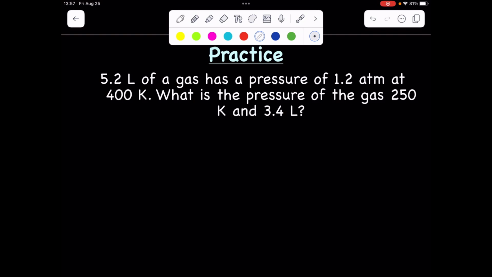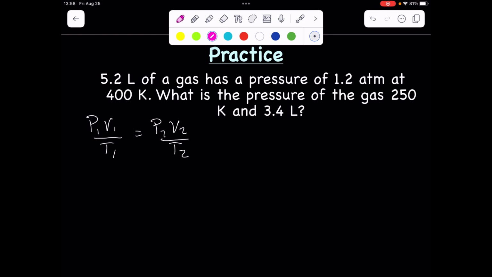Make sure you're actually writing the problem down, so that way when you go back to refer to the math, you actually can see where it came from. All right, so we have our simple gas law again, P1 V1 over T1 equals P2 V2 over T2. And let's see what kind of variables we have this time.